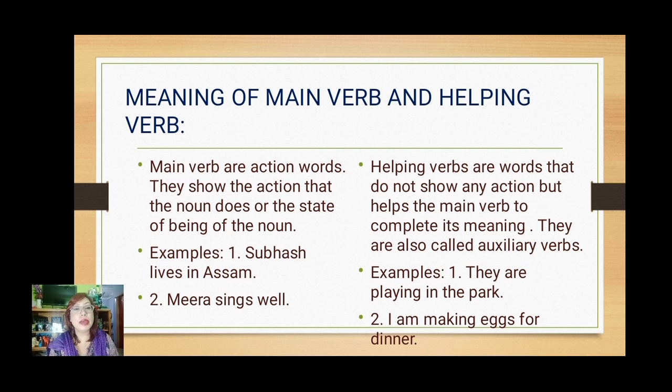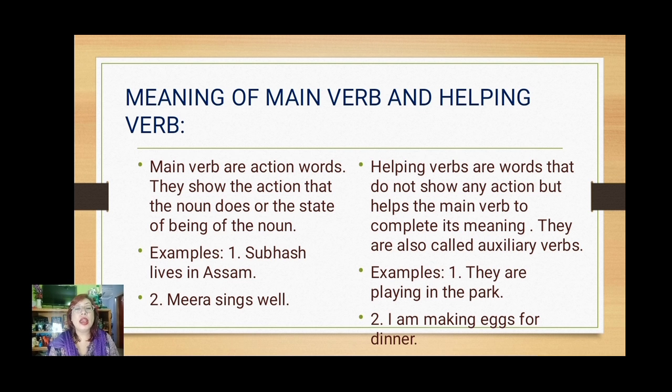Let us see some examples for your better understanding. Subhash lives in Assam. So here in this particular sentence, students, the subject is Subhash. So which is the action word? That is lives, which states the action or the state of being of the noun, which is Subhash.